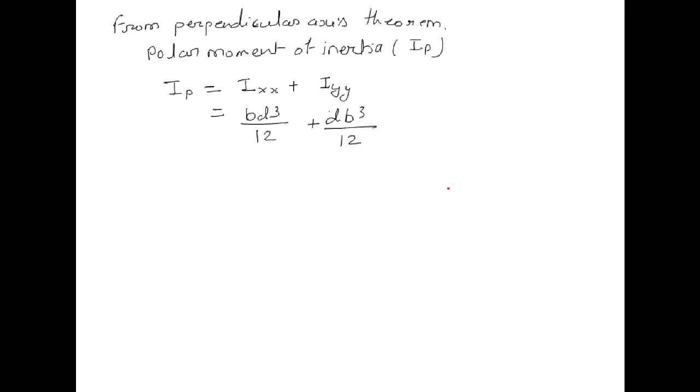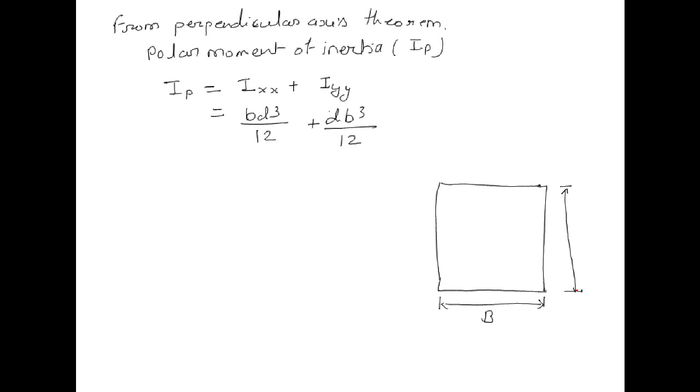Now if we have a rectangular lamina which is having width capital B and depth capital D. This is the x axis, this is the y axis, this is the centroid G, and it is also having a rectangular hole, a rectangular lamina with a rectangular hole, and the width of this rectangular hole is small b and the depth of this rectangular hole is small d.